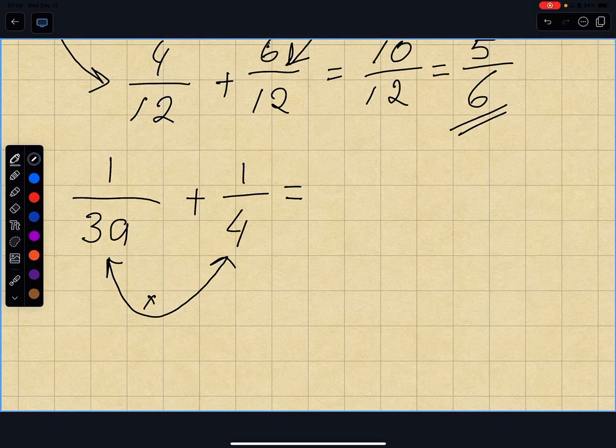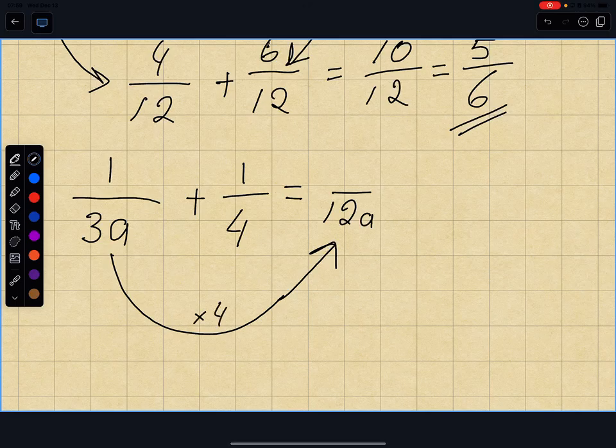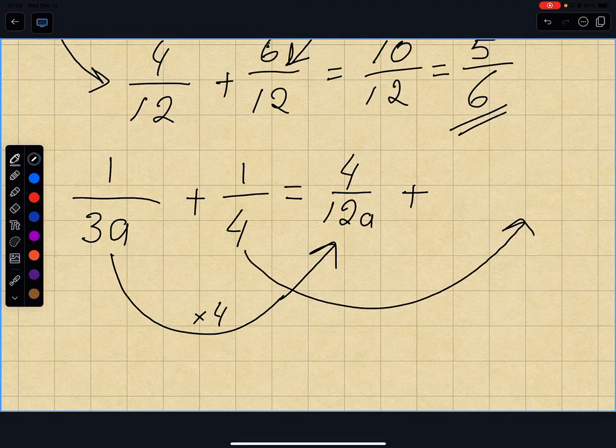So 3a times 4 is 12a. And whatever you do to the denominator, you do to the numerator. Times 4. So you get 4/12a. How do I go from 4 to 12a? Simple. You multiply with what? 3a. And then you get 12a. 1 times 3a, 3a.